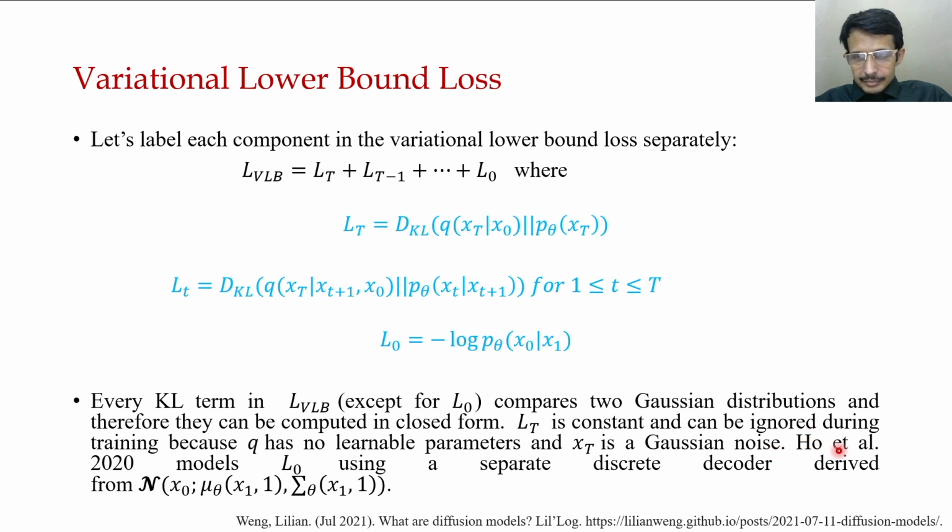The first author of the DDPM paper models L0 using a separate discrete decoder derived from this Gaussian distribution. So this is an important result.